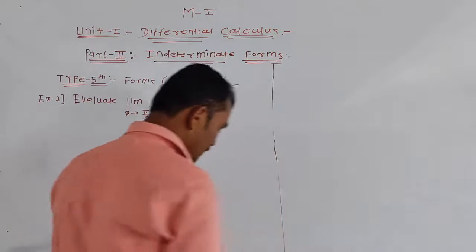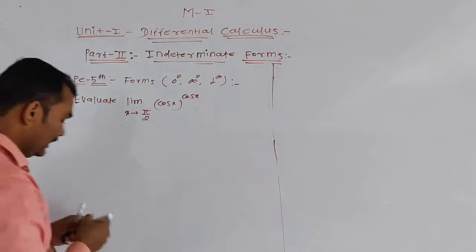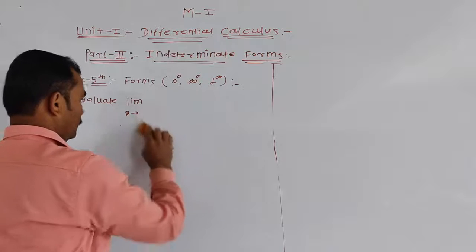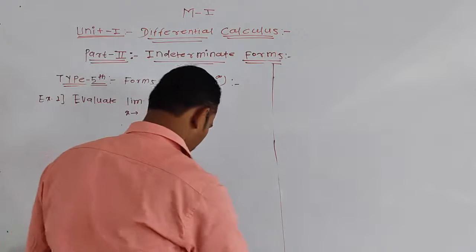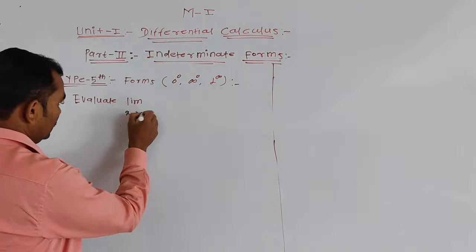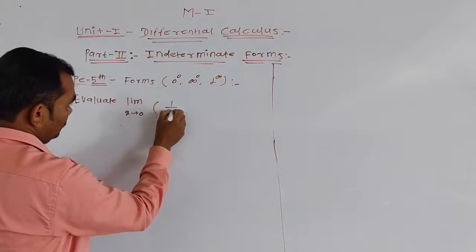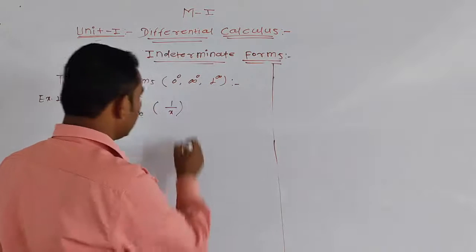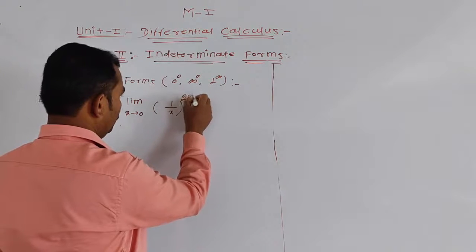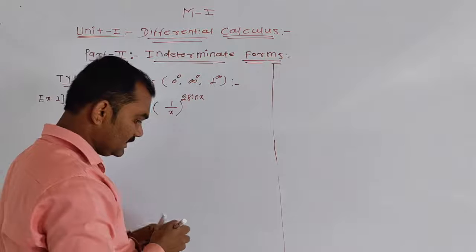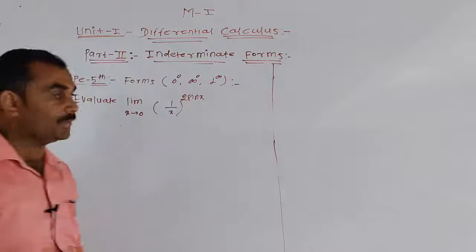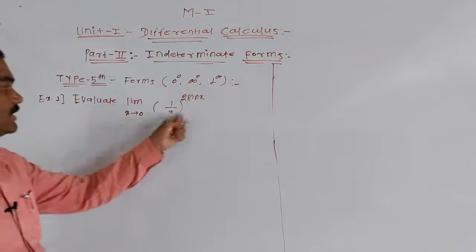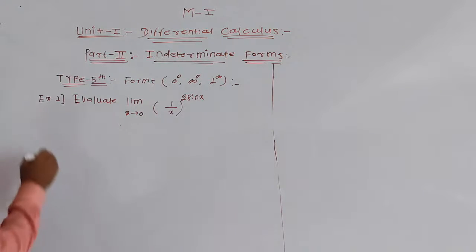Evaluate limit x tends to 0 of (1 by x) raised to 2 sin x. Now look on the board. Here we will find the answer of this problem, 1 by x raised to 2 sin x. So write, consider in answer.